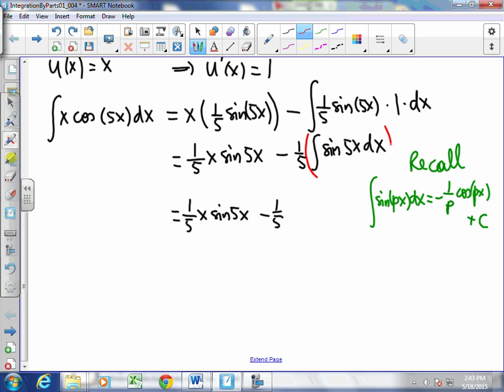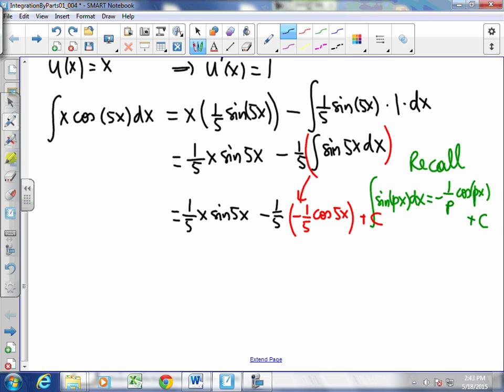This integral, by the formula that we just wrote, is equal to negative 1 over 5 cosine of 5x. Then we can put the plus c outside.